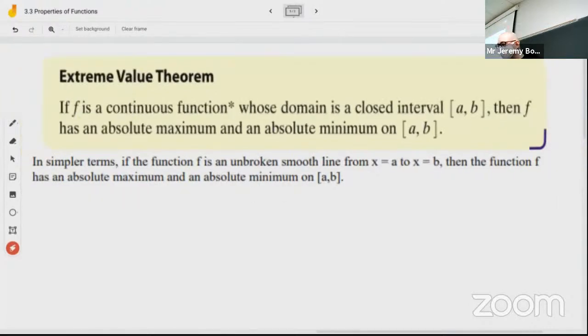If f is a continuous function, which means there are no gaps when you're drawing it, whose domain is a closed interval, so the endpoints are defined, then f has an absolute maximum and an absolute minimum on that closed interval. So if it is a closed interval, it has to have a max and a min. In simple terms, if the function f is an unbroken smooth line from x equals a to x equals b, then f has an absolute maximum and absolute minimum on [a, b].